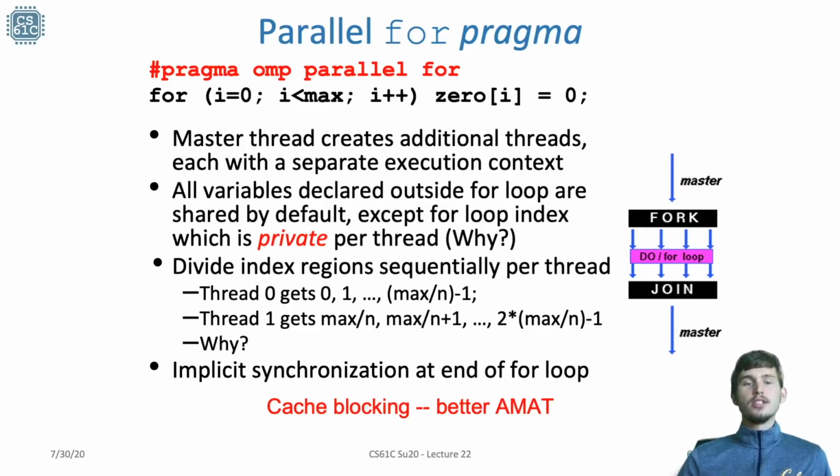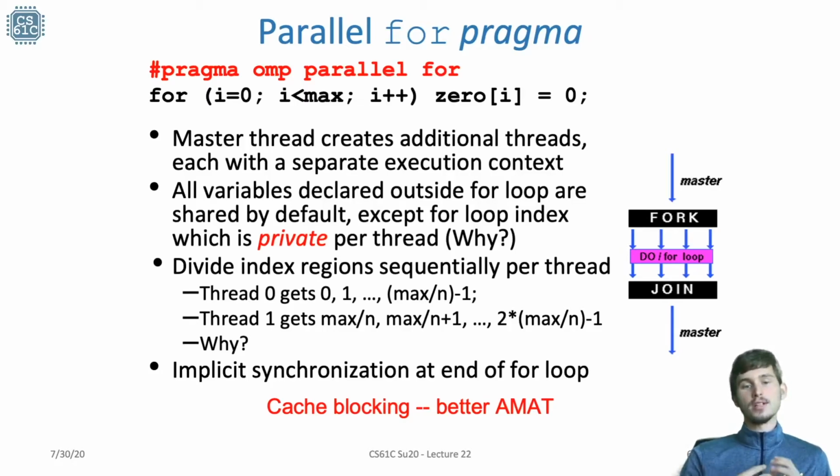Here is a little bit more information about the Pragma OMP parallel for directive. A master thread will create additional threads, each with separate execution contexts. All variables declared outside of the for loop are shared by default, except for the for loop index variable, which is private per thread. You might be wondering why. Well, I want each thread to be executing something based off of a specific thread ID.